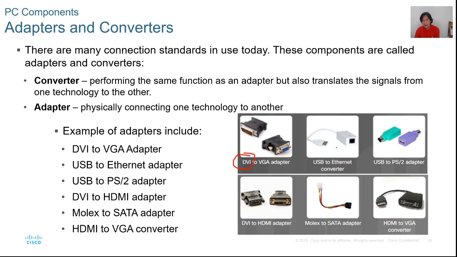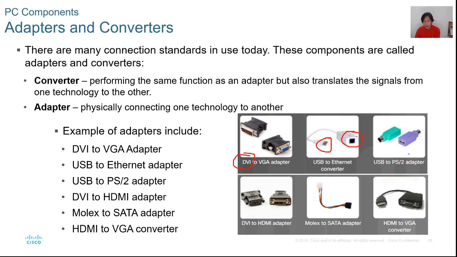Also, if I do not have enough slots for another network interface card, I can plug a USB adapter into my desktop PC, and it will detect it as Ethernet. It converts from Ethernet to USB, and USB to Ethernet.